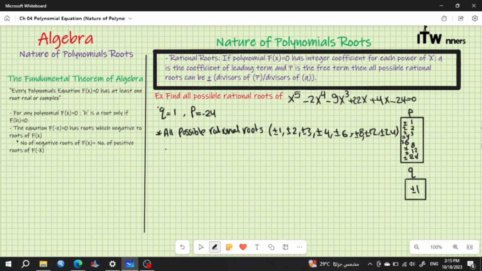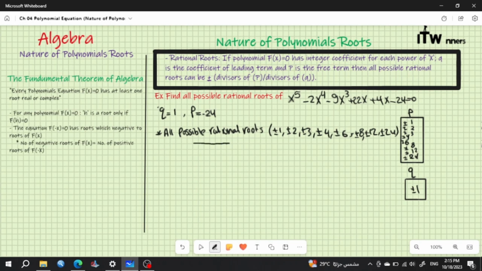So to obtain the rational roots, we just try every number of these possible roots. So let's start with 1.